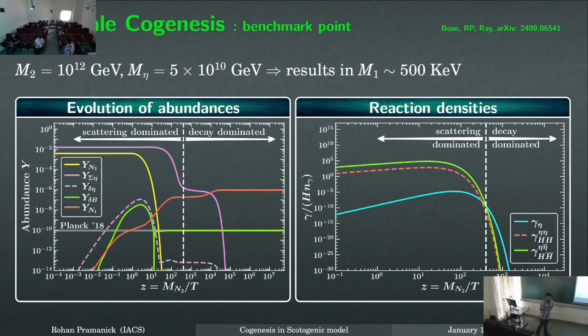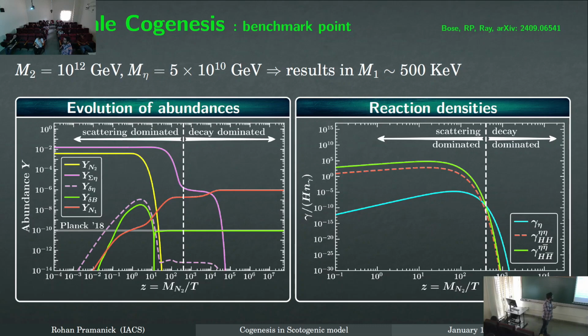So can you explain where you say the asymmetry comes from? Okay, so the decay of N2 is a CP violating one. So if you have some number of N2 and it decays, it will give you a very tiny amount of baryons over anti-baryons.